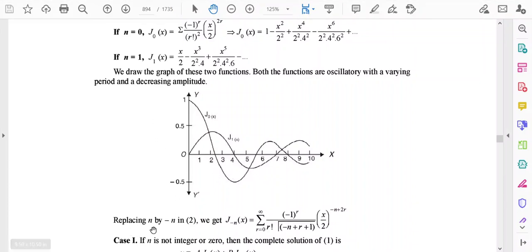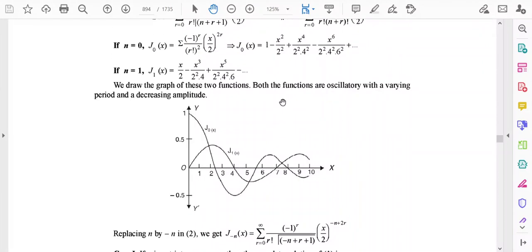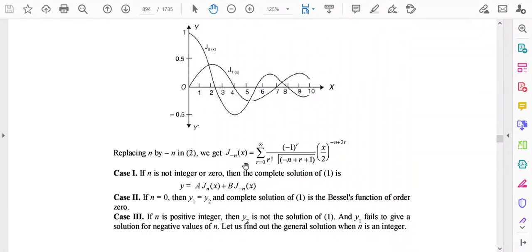And if we replace n by minus n, this is the expression for Jn(x), but if we write minus n in place of n, then J minus n(x) will become like this. Now there can be three different cases.